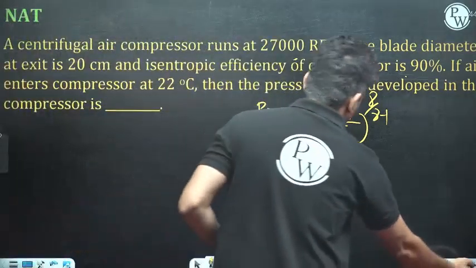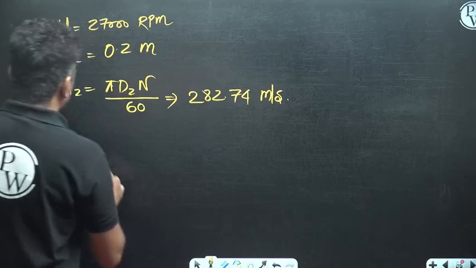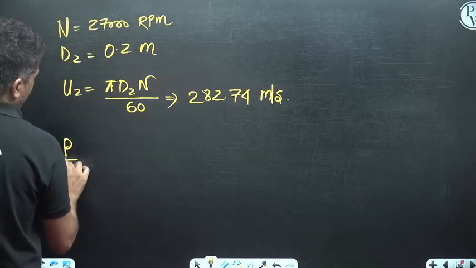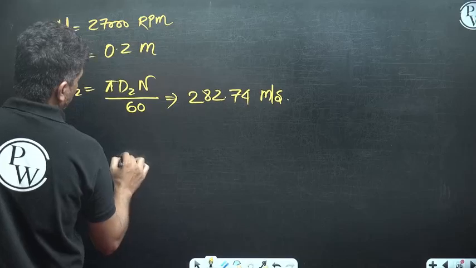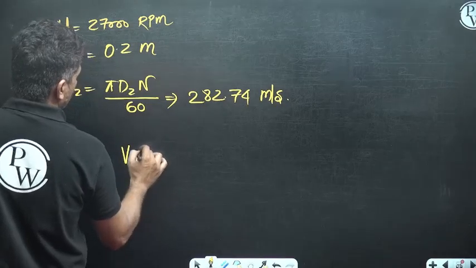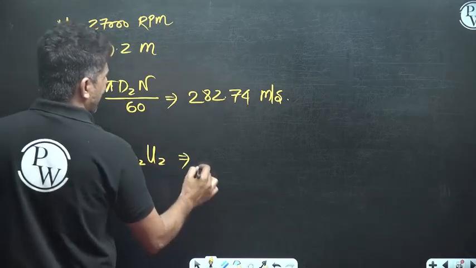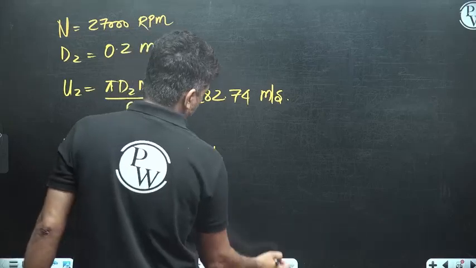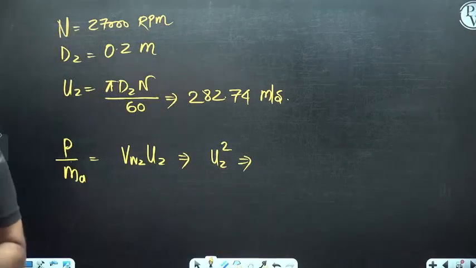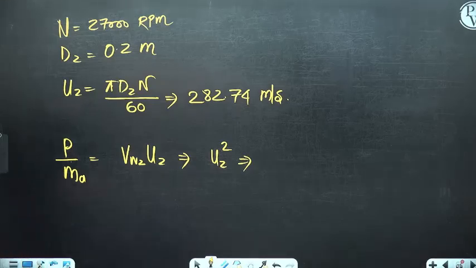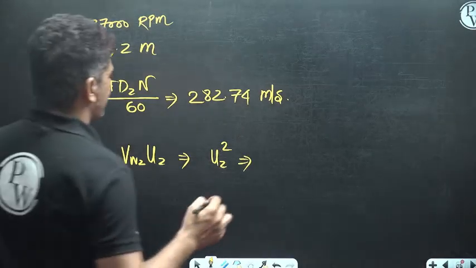So from here you can calculate the power of the compressor, or power by mass flow rate of air, which will be equal to VW2 multiplied by U2, and that will be equal to U2 whole square. So we can calculate what is U2 whole square. U2 whole square will be equal to the amount of energy that is added. So 79.943.